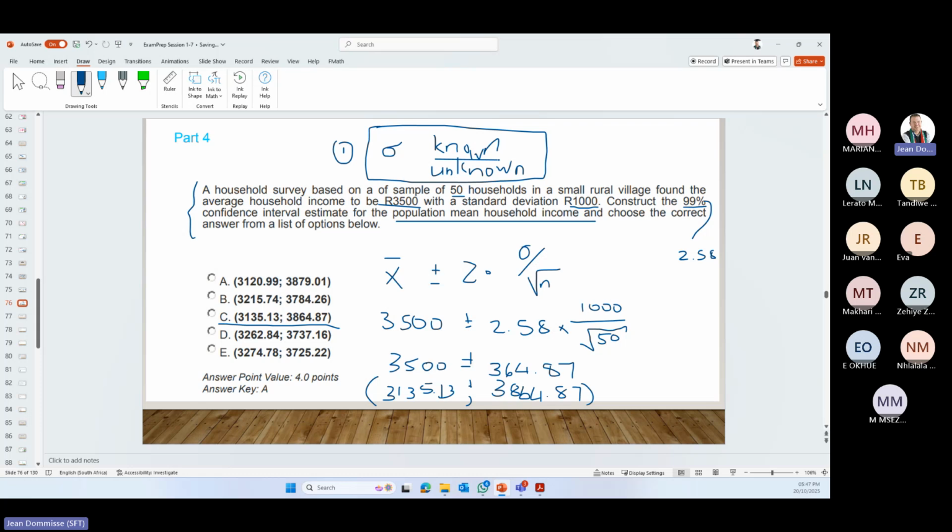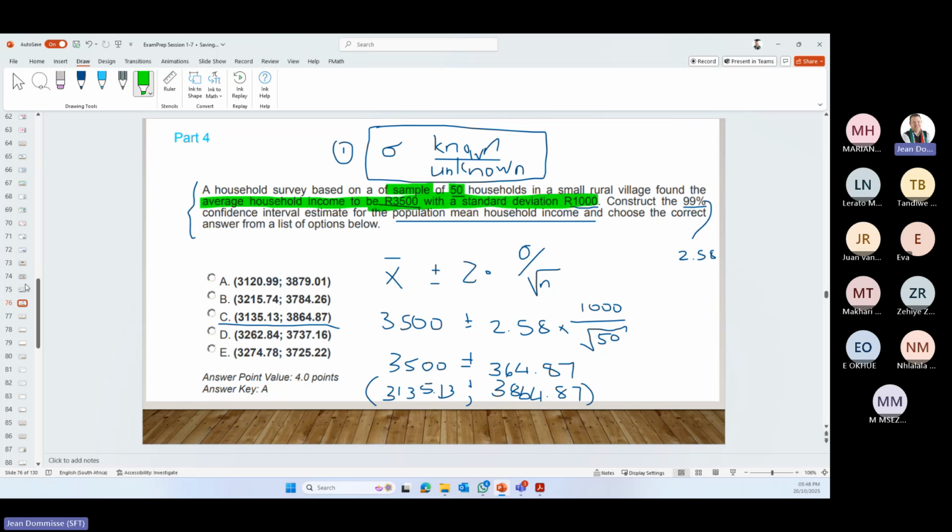And that for me is important because this will happen in the exam as well. So let's check what they tell us. A household survey based on a sample of 50 found that the average household income is that.